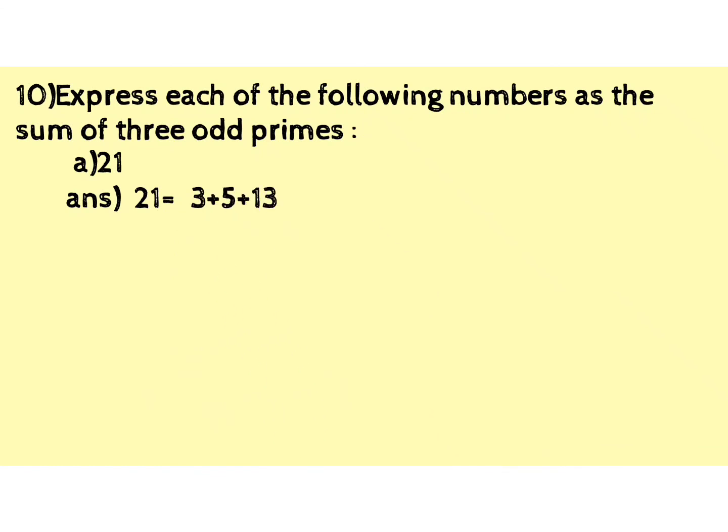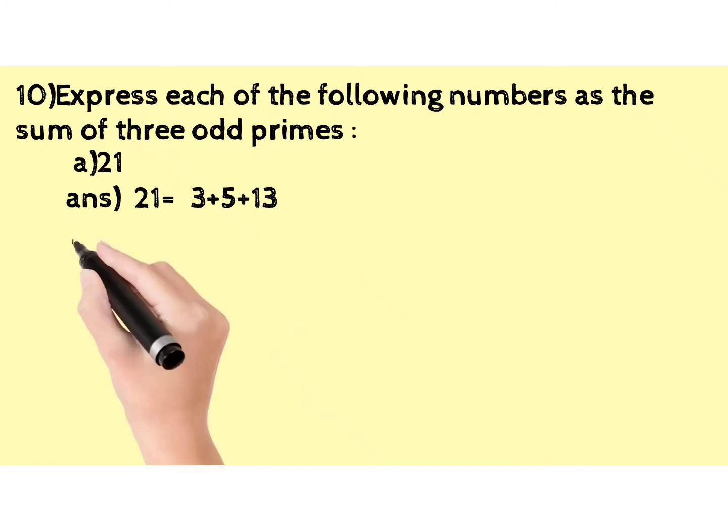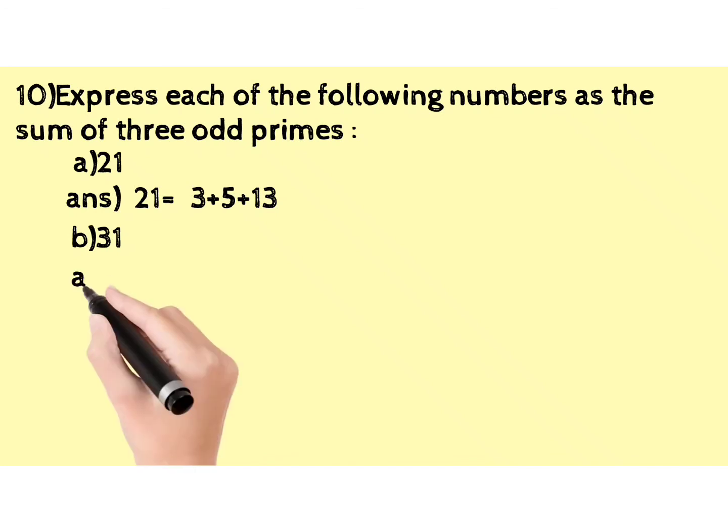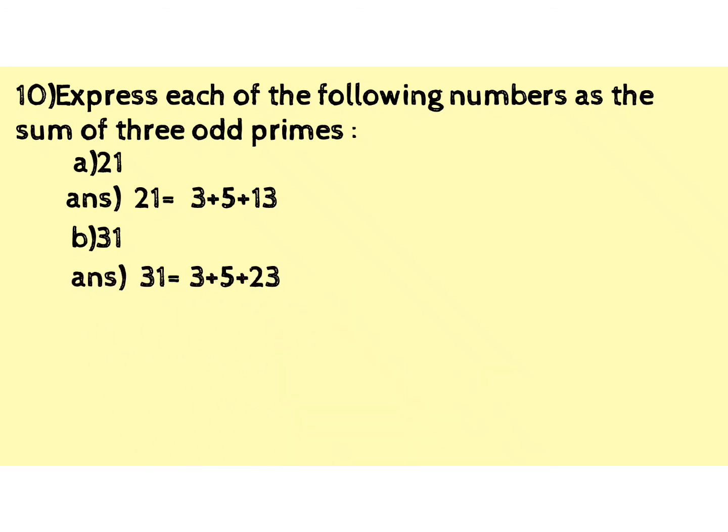So we can write 21 is equal to 3 plus 5 plus 13. B part, 31. 31 can be written as 3 plus 5 plus 23. Okay, 31 is equal to 3 plus 5 plus 23. These 3 are odd prime numbers.